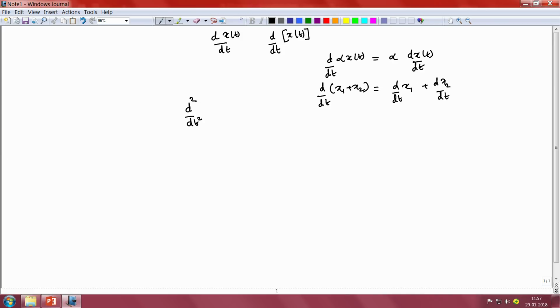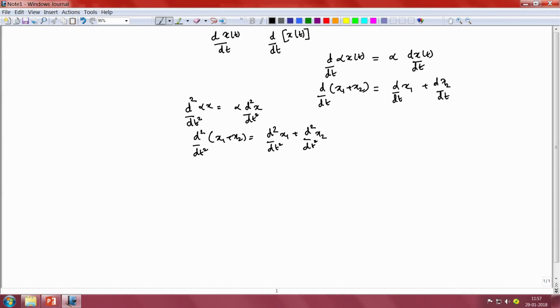Once again one can verify that d square by dt square of alpha times x is alpha times d square by dt square of x, and d square by dt square of x1 plus x2 is equal to d square by dt square of x1 plus d square by dt square of x2. So the first one shows that it obeys homogeneity, the second one shows that it obeys superposition or additivity.